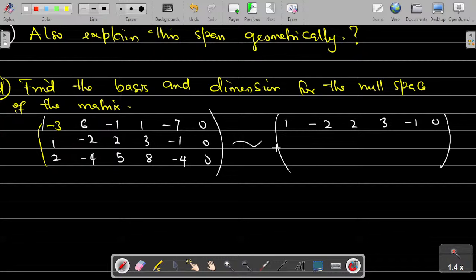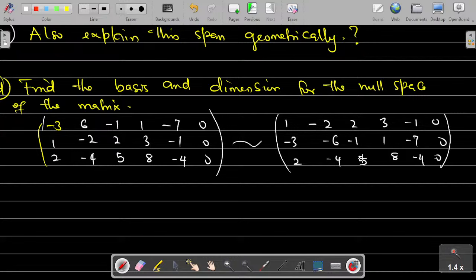The second row now should be 3, 6, minus 1, 1, minus 7, and then 0 here, and the last one is 2, minus 4, 5, 8, minus 4, 0.